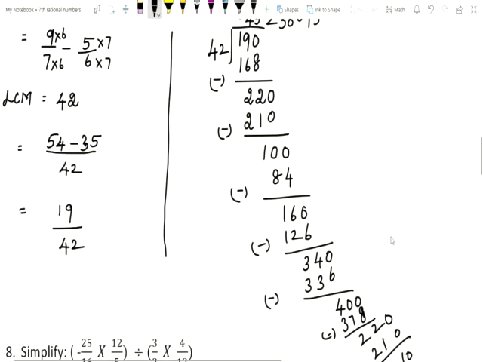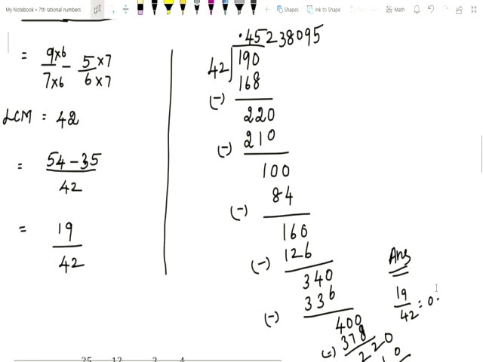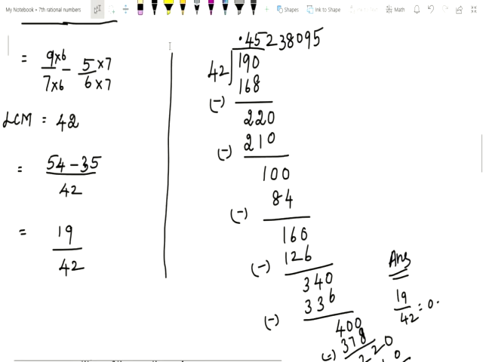Okay. So what is the answer you are getting? While dividing 9 by 42, we are getting 0.4523809. After that 5 is repeating, no?